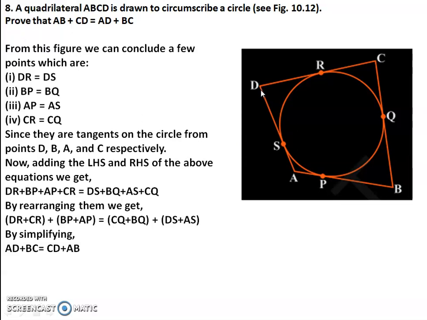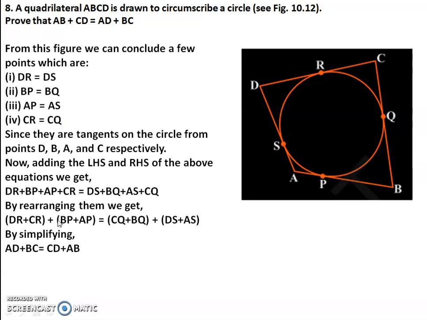The lengths of the tangents to the circle from an external point are equal in length. Now, adding the LHS and RHS of the above equations, we get DR plus BP plus AP plus CR is equal to DS plus BQ plus AS plus CQ.